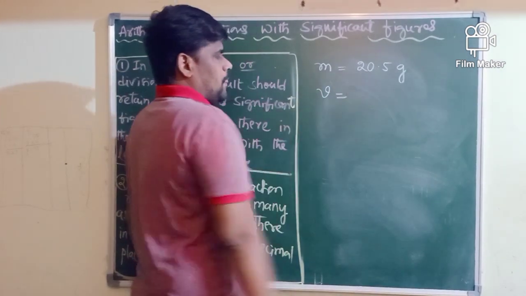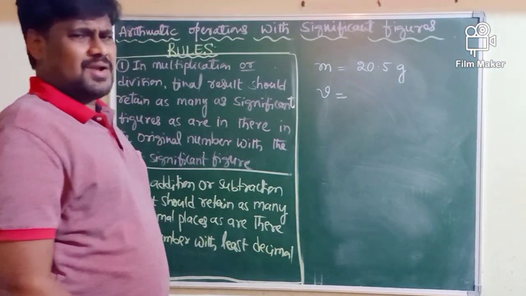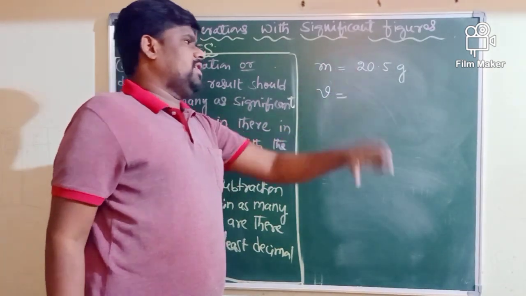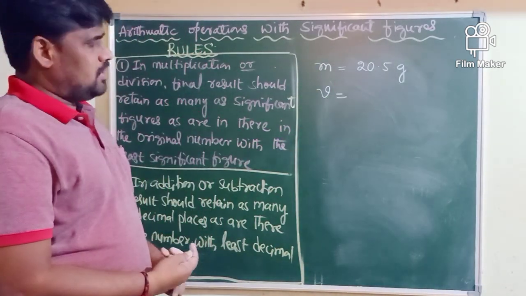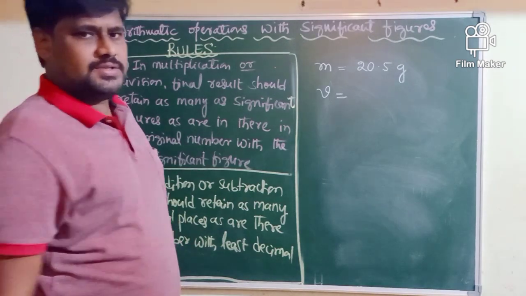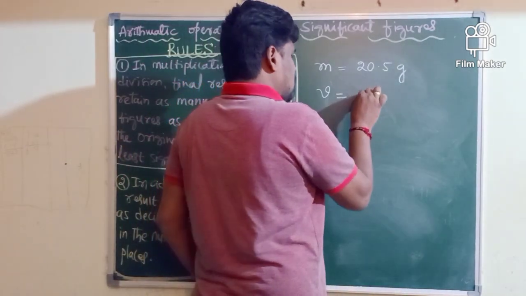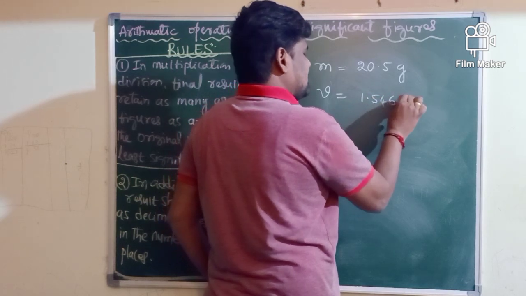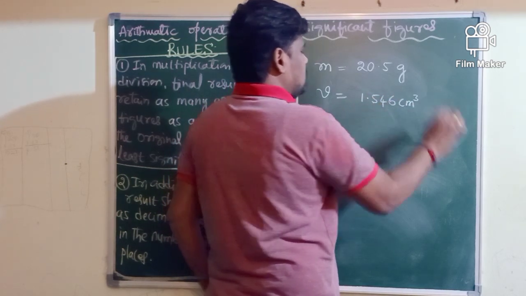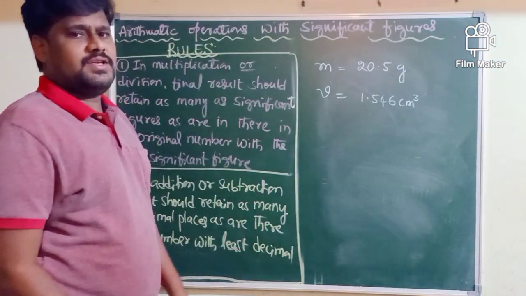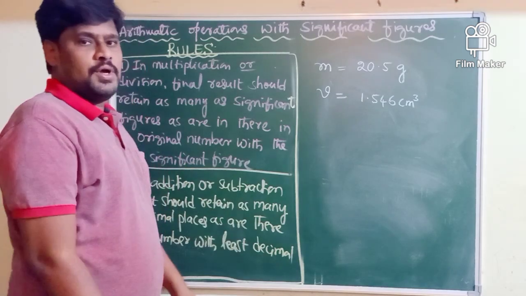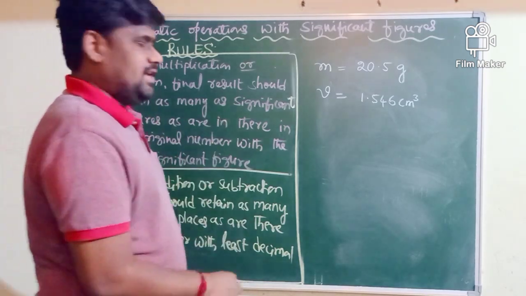Volume of a body, or volume of a sphere, you can consider. Mass of a sphere is 20.5 gram. Volume of a sphere is 1.546 centimeter cube.